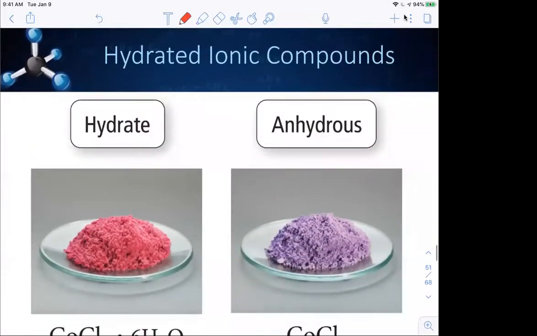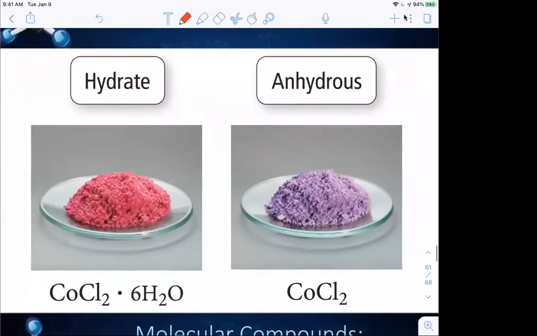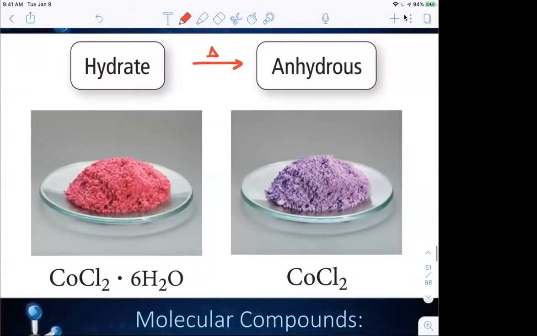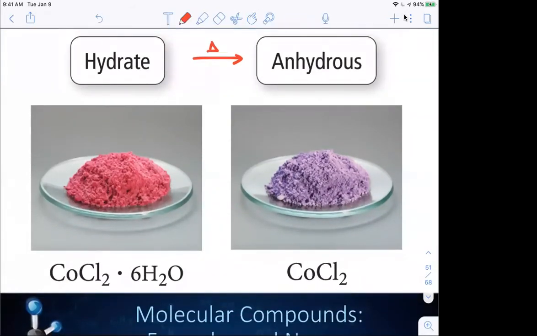Now, the water that's in the hydrate can be driven off by heating. So I can actually turn the hydrate into the anhydrous ionic compound by heating it. But you'll notice that when I look at the hydrate, I have different physical properties.